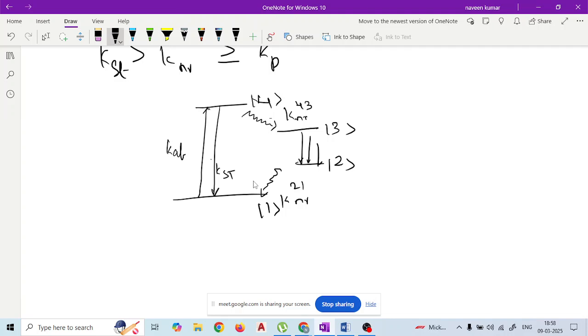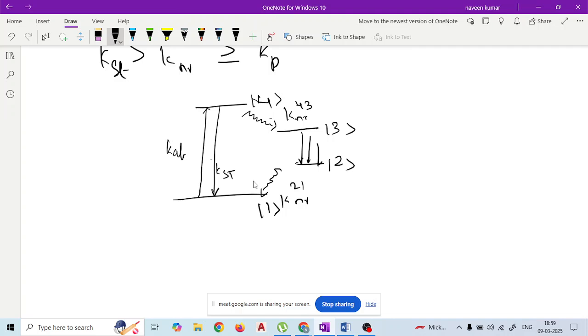So practically we can maintain this level, and there is no restriction of having to have more molecules here, because it is not the ground state, it is higher than the ground state. That is level 2, and it is being fed.